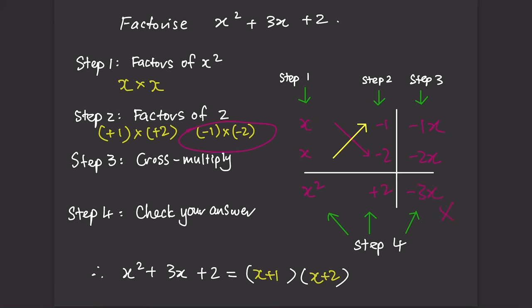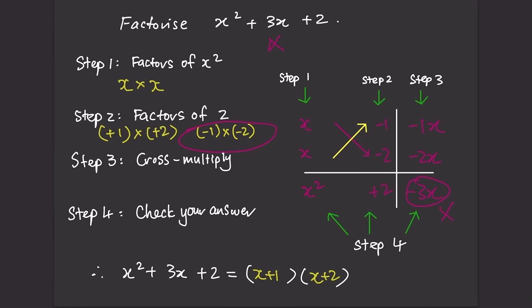Now this does not match up to this. So whenever you do the cross method, things like this can happen, where you try a pair of factors that looks a bit like what you're expecting, and then you get something that is wrong in the last entry. Then do know that this means you need to restart.